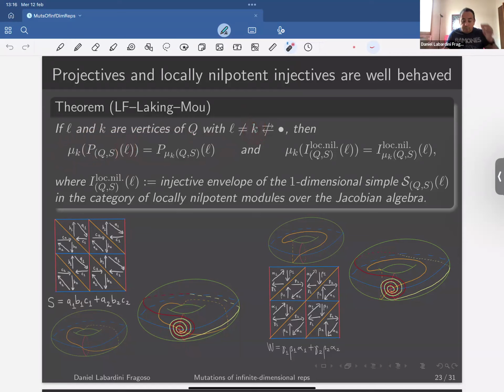Okay, and also the injectives, but the locally nilpotent injectives, which here is the definition.